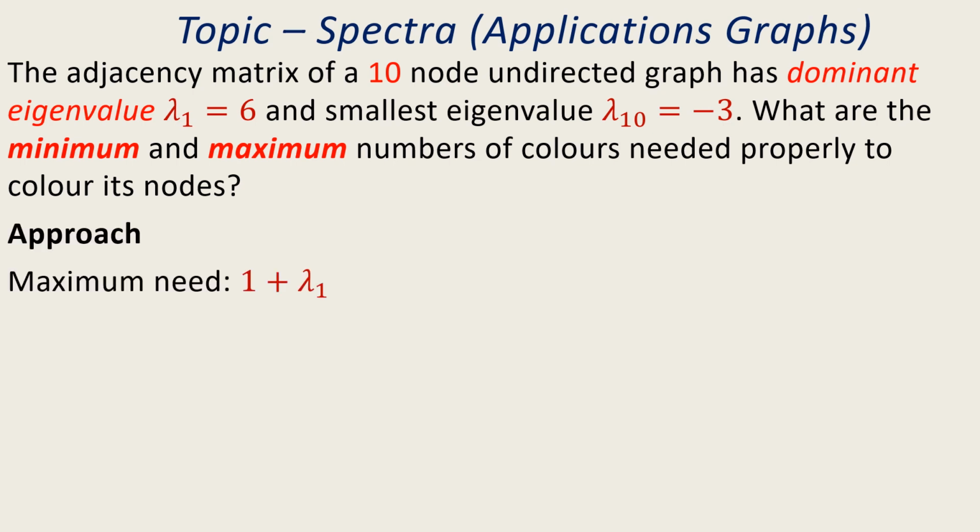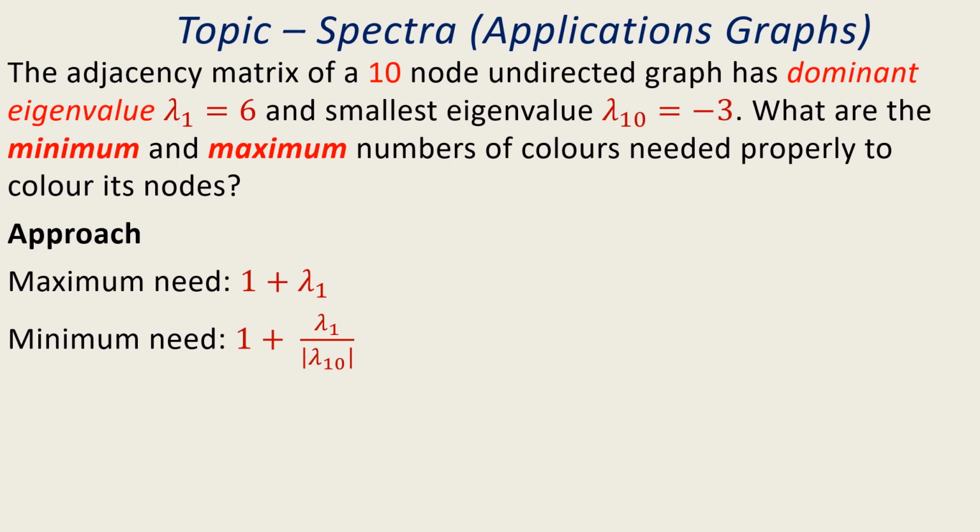The maximum we need is 1 plus the largest eigenvalue, 1 plus lambda 1. The minimum we need is 1 plus the largest eigenvalue divided by the absolute value of the smallest eigenvalue.